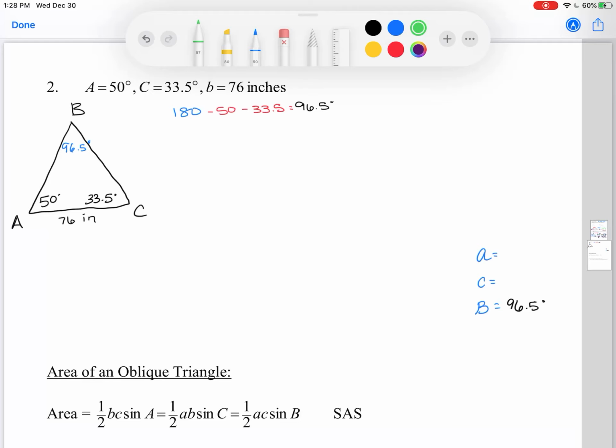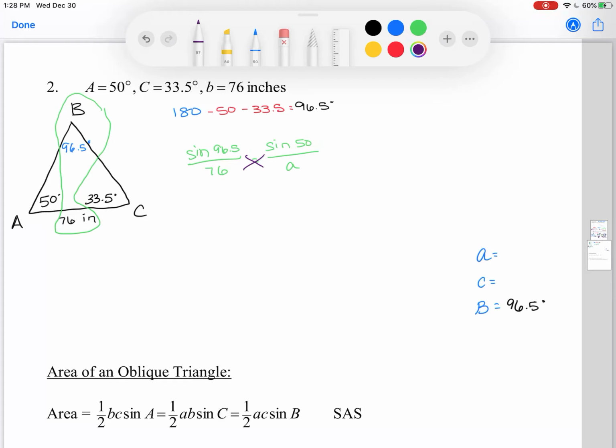All right. So now I'm going to solve for side length A, lowercase a. This time I'm going to use my matching pieces, but they aren't going with C, they are going to go with B. So I set it up: sine of angle B, which was 96.5, divided by 76. I want to solve for A, so I'm going to say sine of 50 degrees, divided by lowercase a, which I don't know yet. Following through, cross multiplying.